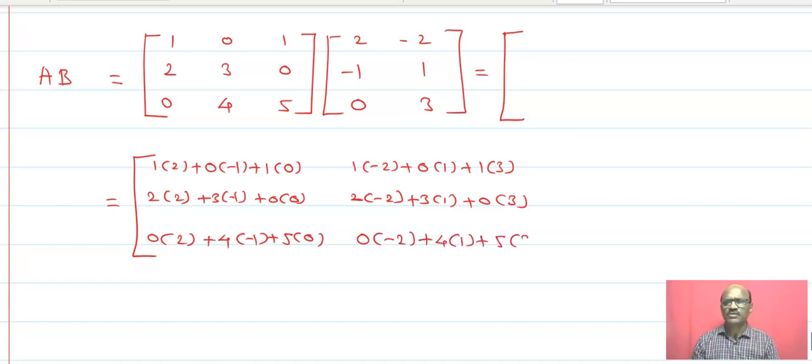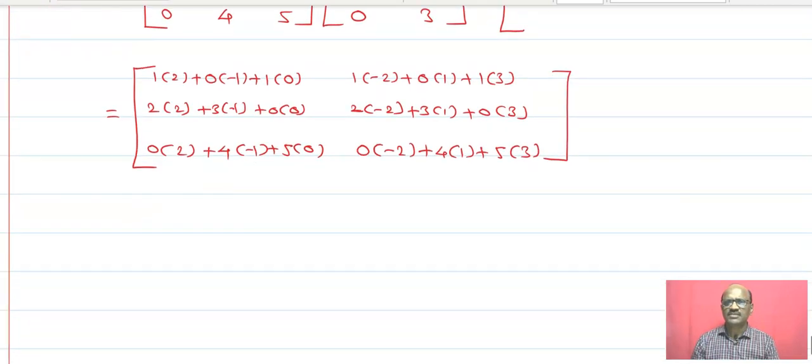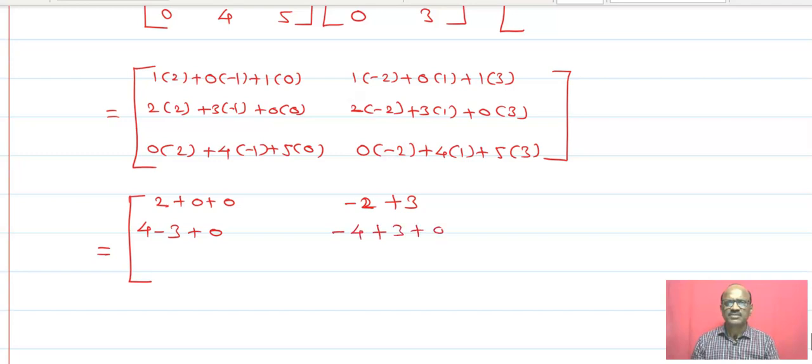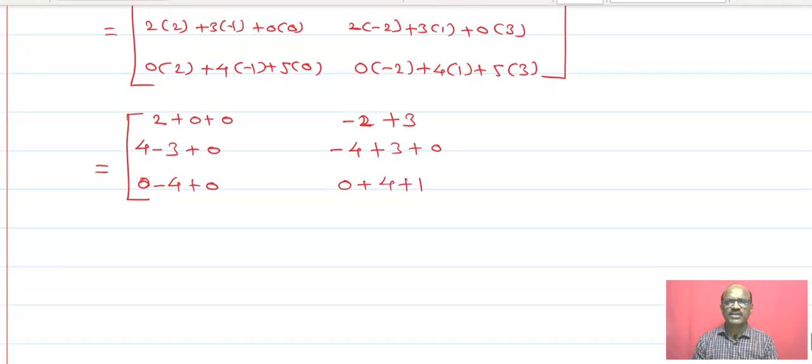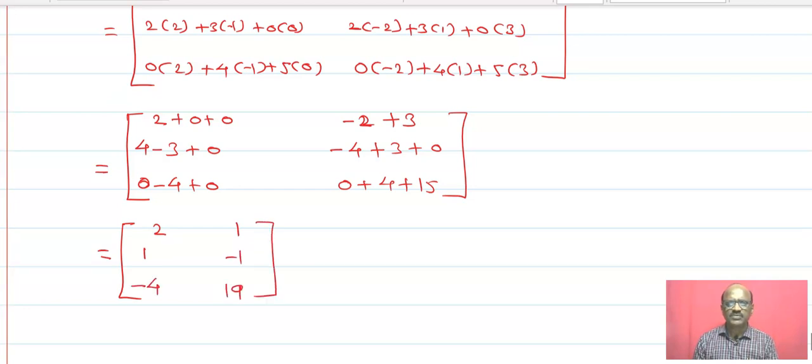Now the order of the resultant matrix is 3 rows and 2 columns. Now see this multiplication, corresponding elements. This is the second row, and now third row. There are 3 rows and 2 columns. Therefore, the order of the resultant multiplicative matrix is 3 by 2.